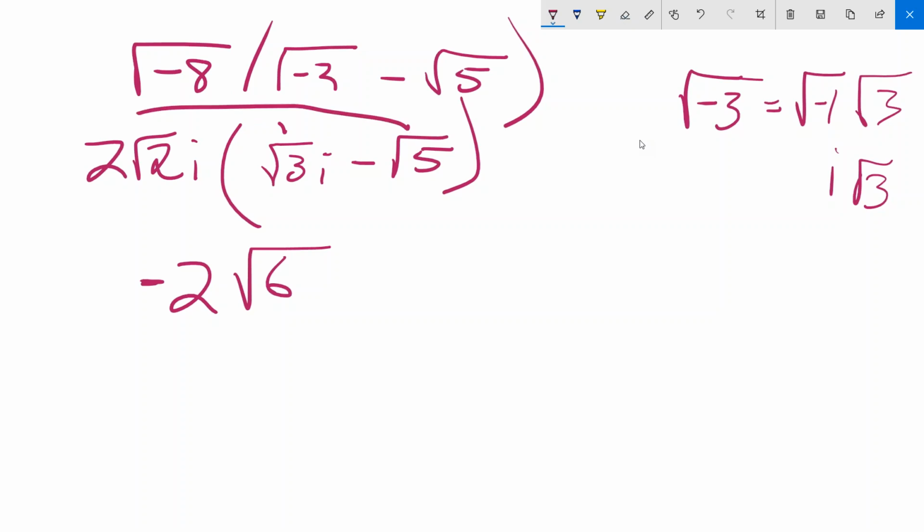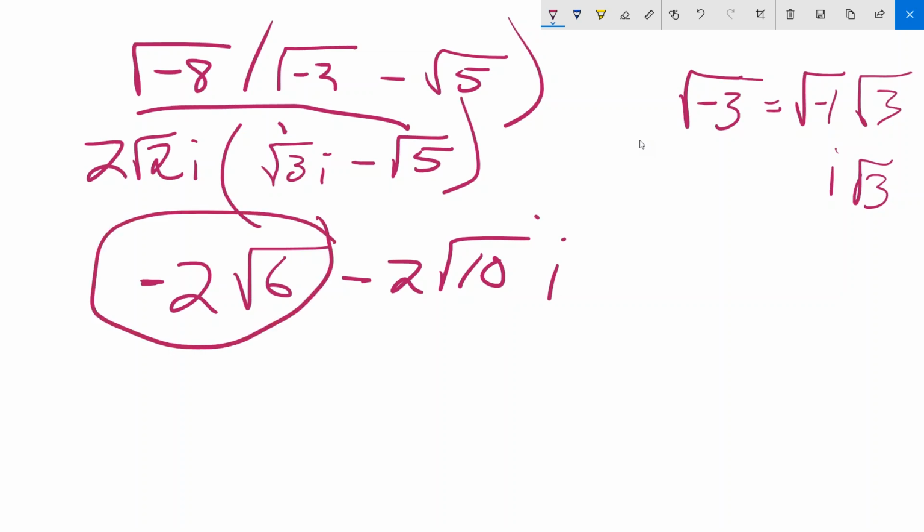So it'd be -2 square root 10i. Is that our final answer? And is that in A plus BI format? Yes. A is that. B is that. And there's the I.